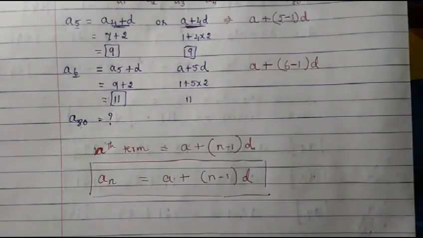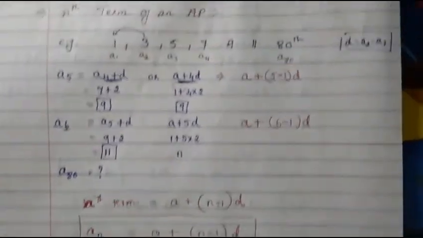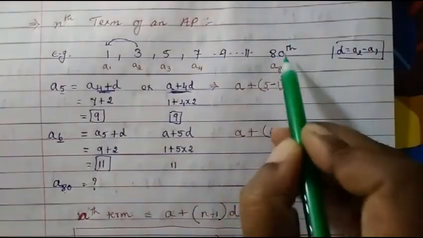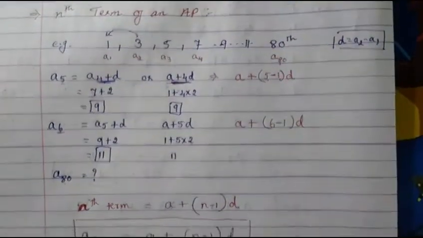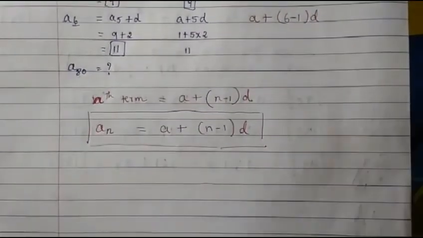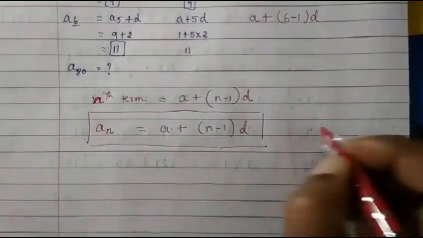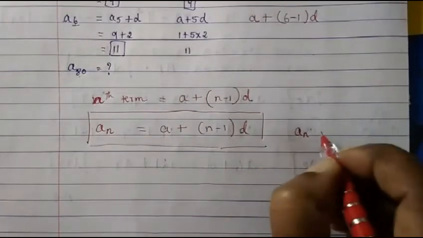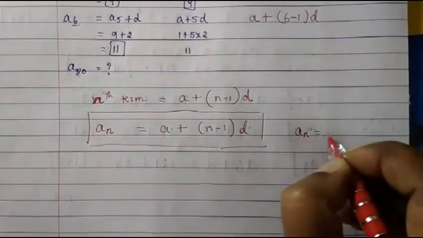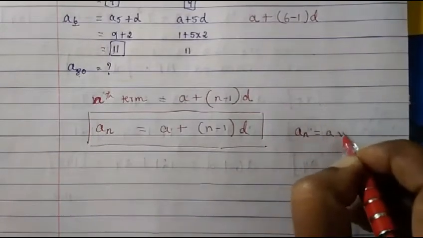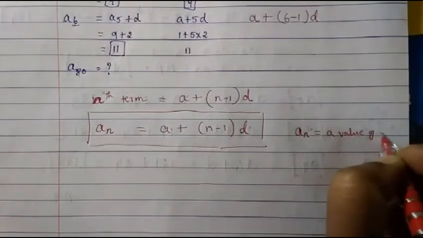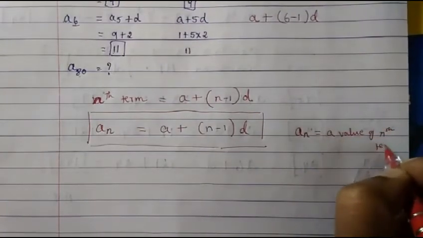So now let's see practically. We will find out now what would be the 80th term here. So for that, what are the categories we have here? We have A n, that is the value of the nth term.